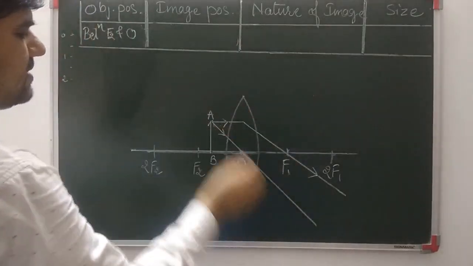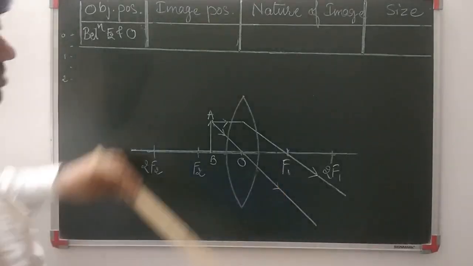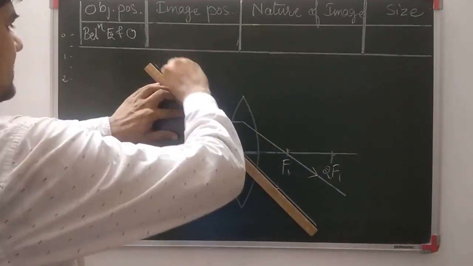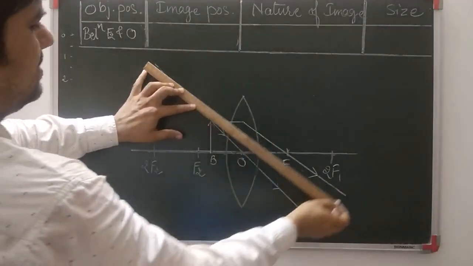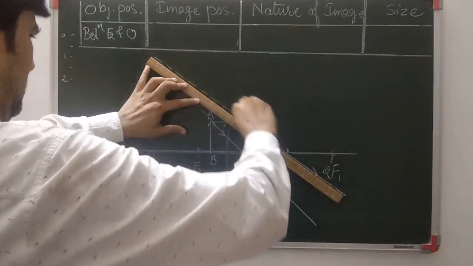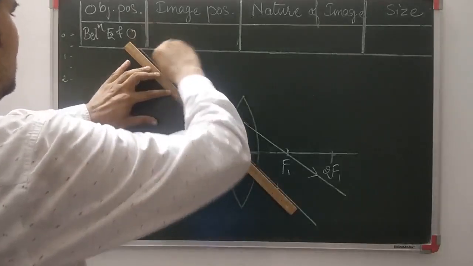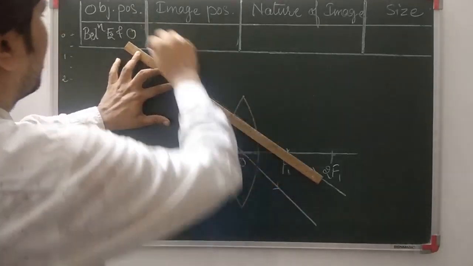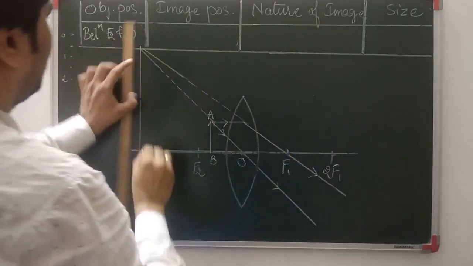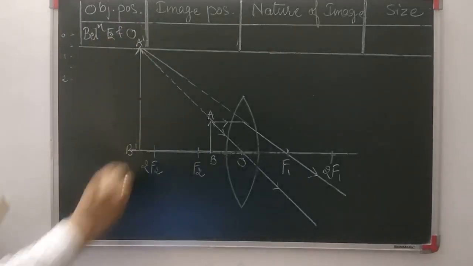So we can see that they both are diverging rays which can never meet each other. So we have to extend them backwards. So let me extend both the rays. When we extend them, we can see that somewhere they meet here. So we can say that the image is formed somewhere here, A dash B dash.